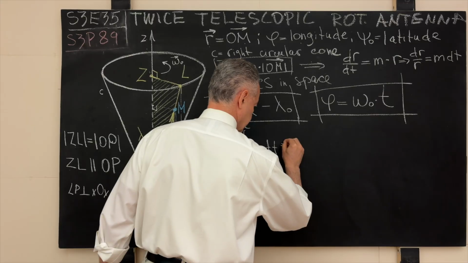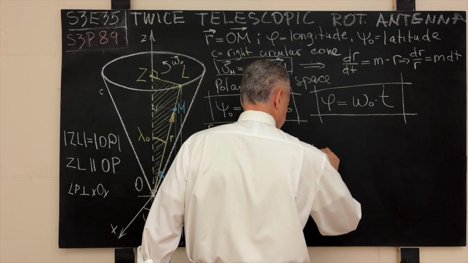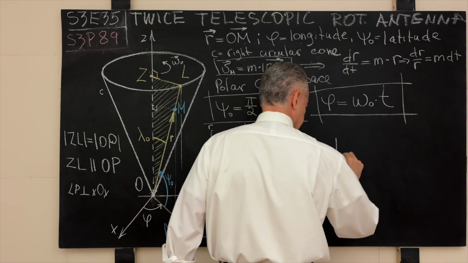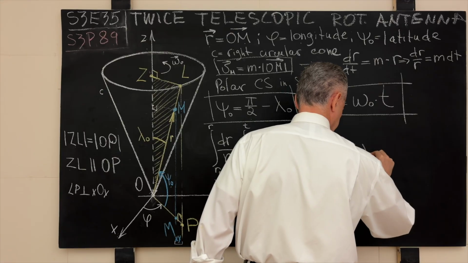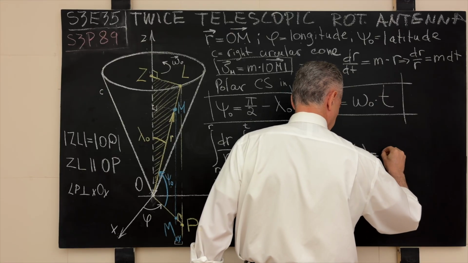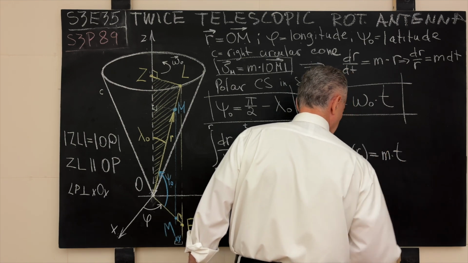From here it follows that we have logarithm in base e of r minus logarithm in base e of r0, the initial distance of the point M from the origin, is equal to m times t.